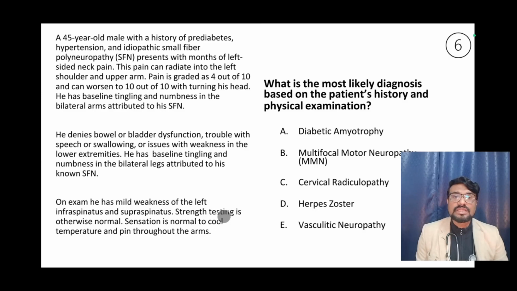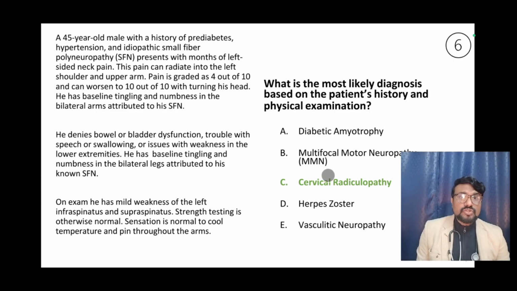Strength testing is otherwise normal. Sensation is normal to cool temperatures and pain throughout the arm. So, what is the most likely diagnosis based on the history and physical examination? Is it diabetic amyotrophy, multifocal motor neuropathy, cervical radiculopathy, herpes zoster or vasculitic neuropathy?